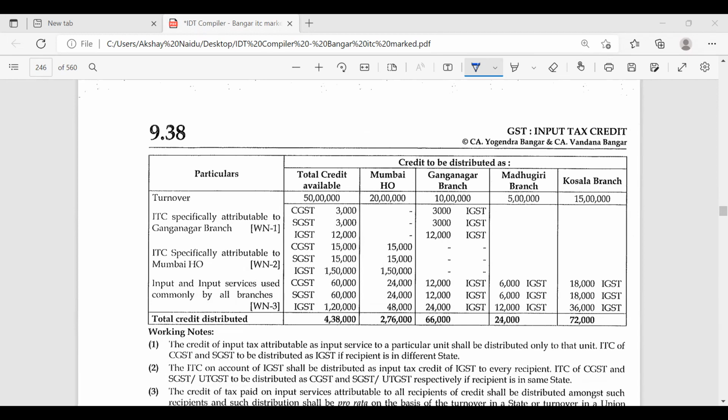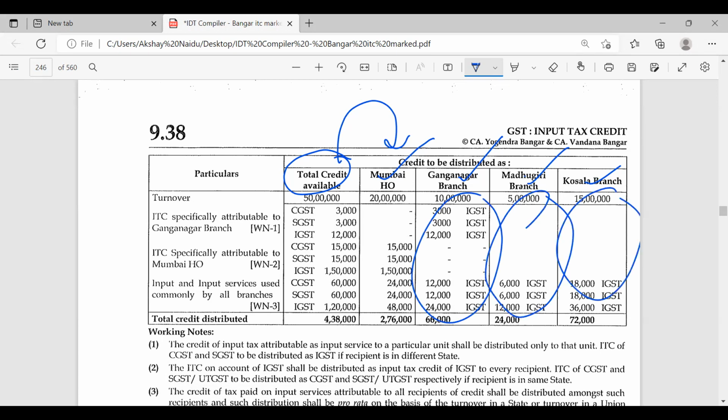First of all, they are calculating the overall total credit available, then what is available for various branches. Total available for distribution, then what is available to various branches, and this should be your presentation every time. Okay?